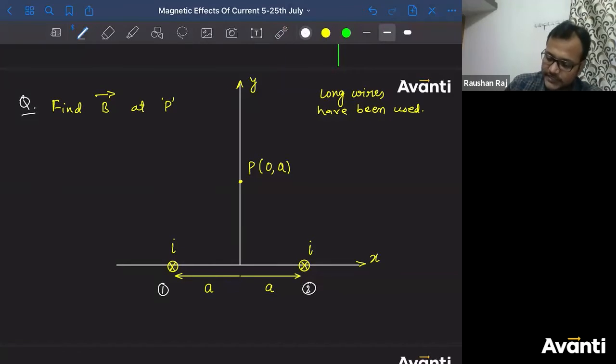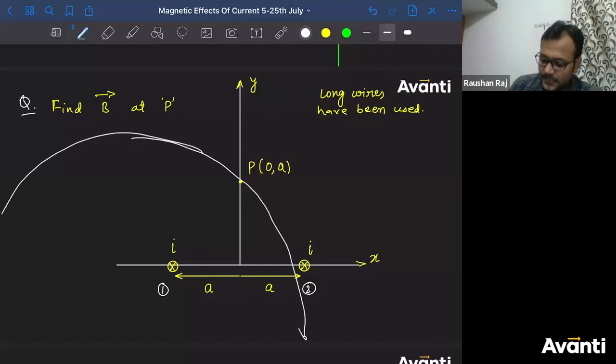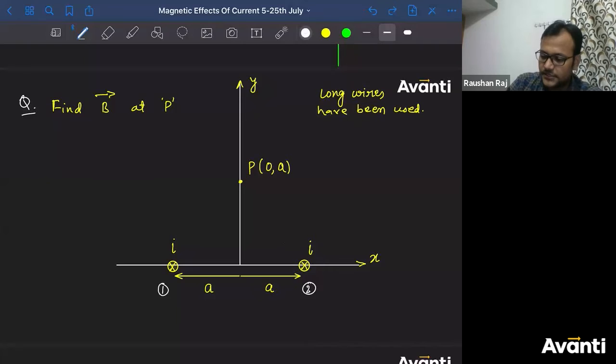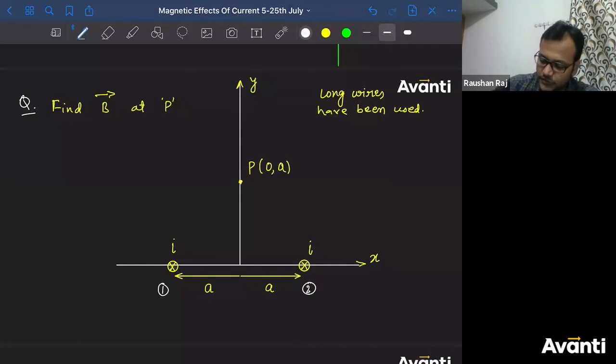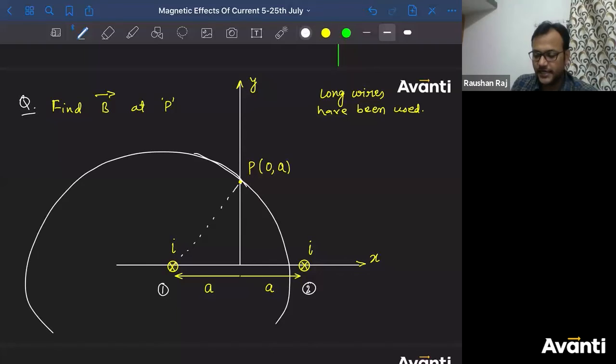So if you curl, what will you get? Something like this. And the circle will be what? Concentric at this point. So it should pass through this. Look carefully. It should pass through this and the circle will look like this because this should be the radius. So the circle will look like this. So what will be the direction? Direction will be somewhere like this.